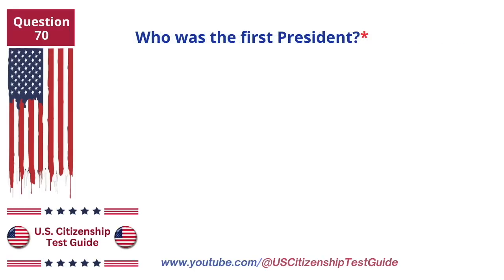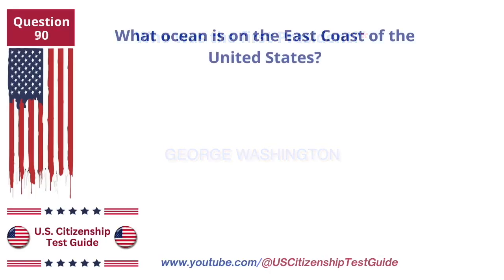Who was the first president? George Washington. What ocean is on the east coast of the United States? Atlantic Ocean.